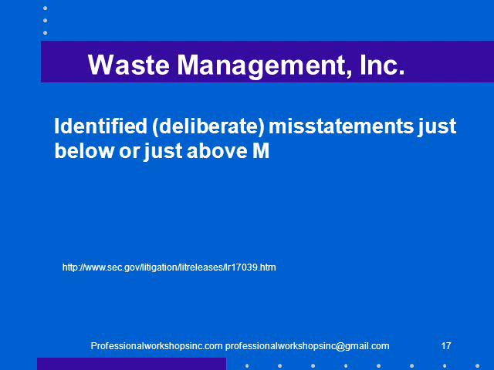Came out later that what they were trying to do was manage earnings, and you can just guess what happened. It all blew up in the end, and the auditor got in trouble, and the audit firm got in trouble, and the client got in trouble. So a bad idea to have errors that are unadjusted, particularly if there's an indication that they're deliberate.